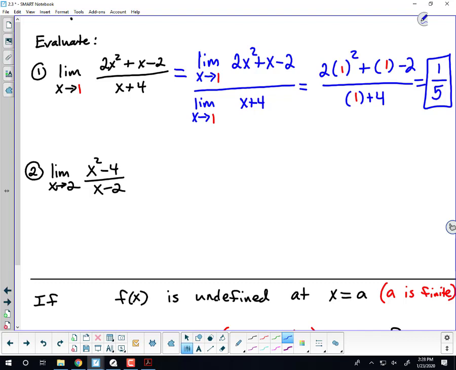So remember, what that's showing us is that if we looked at that function, as x approaches 1, the y values are approaching 1/5.